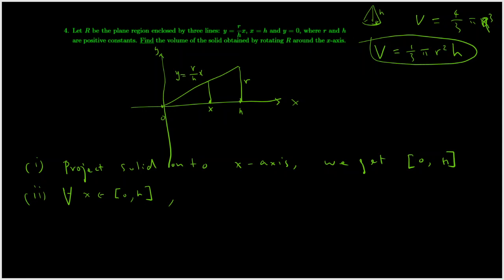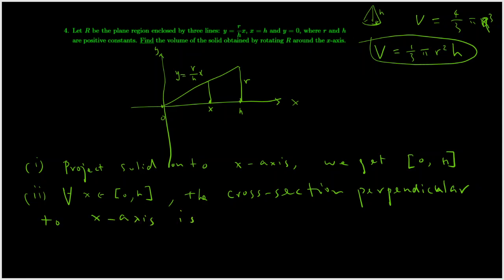Describe the cross section. The cross section perpendicular to the x-axis is a circle.